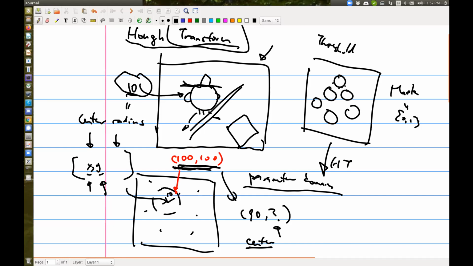Given that I have the point 100 here, it can be a point on some circles, actually on many circles. I only care about the circle where the x coordinate of the center is 90. Then what will be the y coordinate here? Oh, be careful with that. If x is 90, y is 90, then what will be the radius?